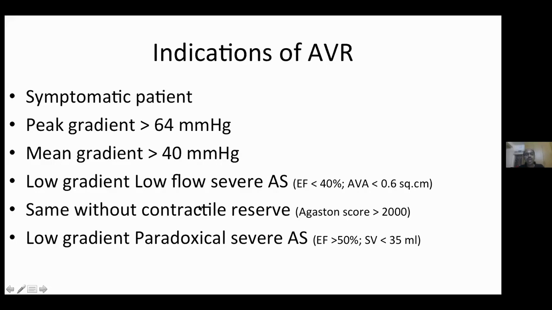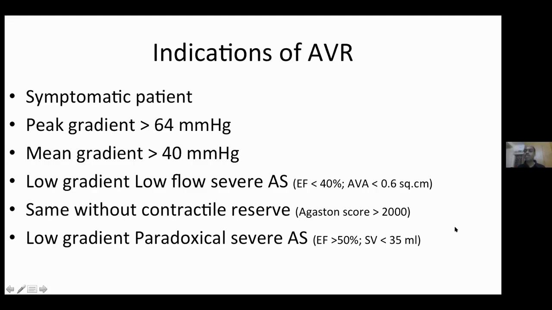And if they don't have a contractile reserve, in order to not make a decision purely based on valve area by continuity equation, an additional criterion is given wherein the calcium score of more than 2000 in the CT scan is given as a corollary, additional indication. If the patient without adequate contractile reserve has substantial calcium in the aortic valve, we can assume that this aortic valve is going to be extremely rigid, and hence it's worth changing the valve.